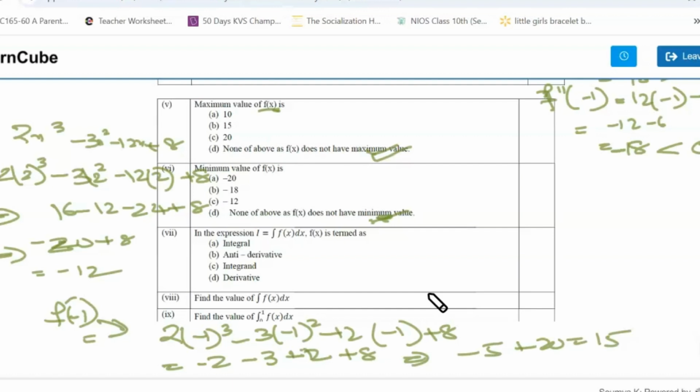So for this solution the value is minus 12, and for this solution it is 15. This is how you find it.